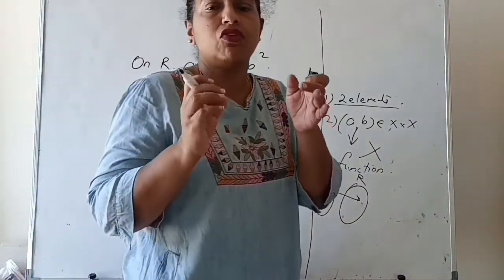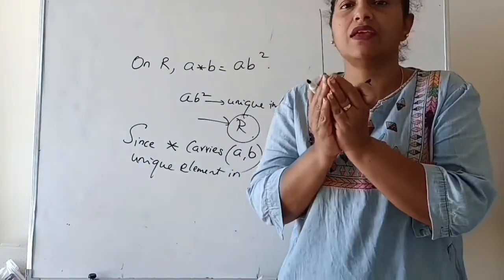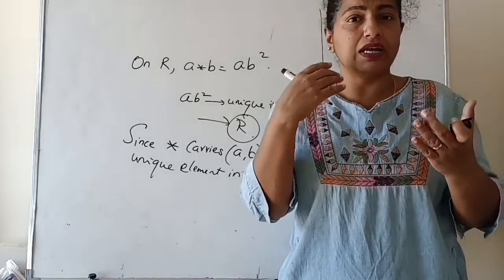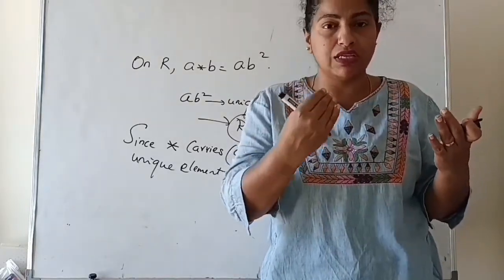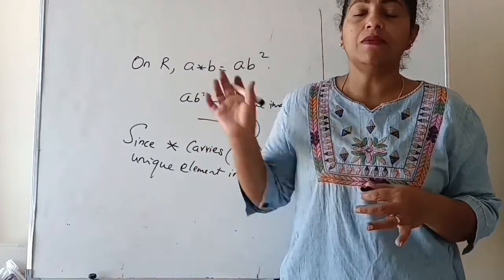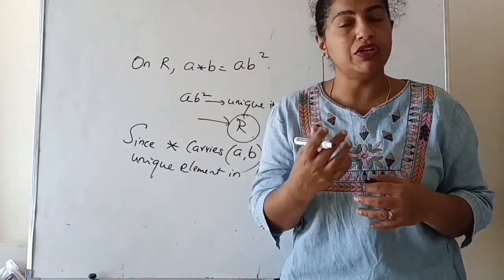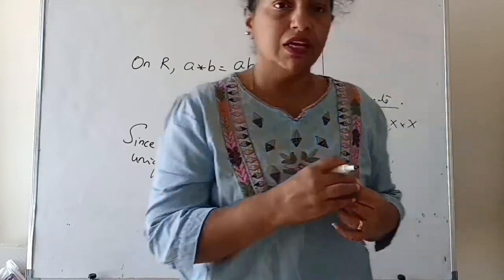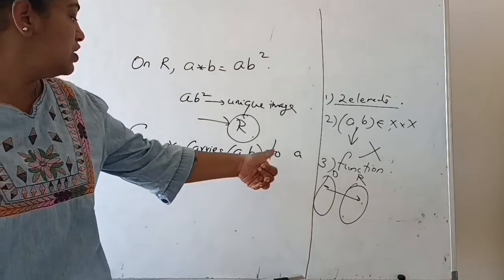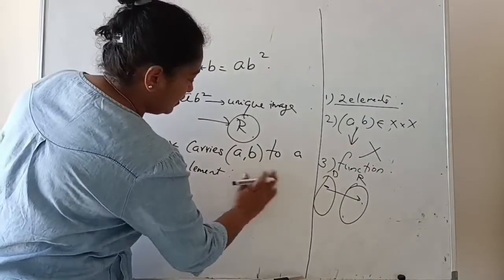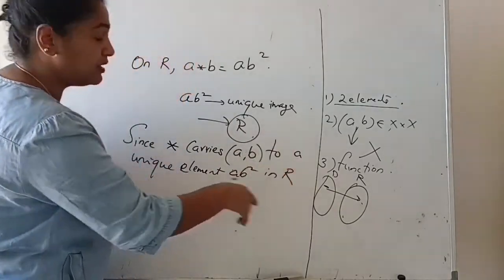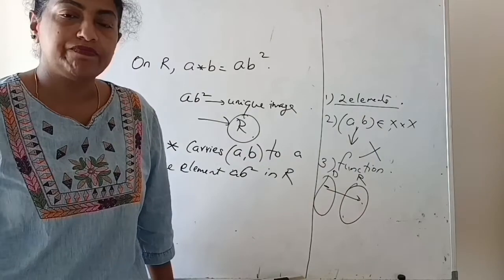Whenever you are writing an answer, it is always better to follow the steps that are given in your textbook, or still better put, at least try to follow the same kind of writing that is followed in your textbook, so that when you are writing a subjective answer, it becomes easier for the evaluator to evaluate your answer and to score your answer, right? So, since the binary operation carries the image a comma b to a unique element ab square in R, sorry, my bad, this is a binary operation.